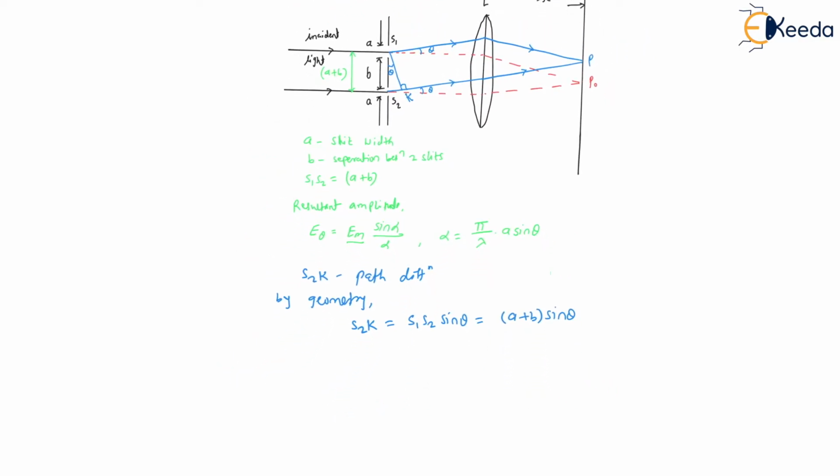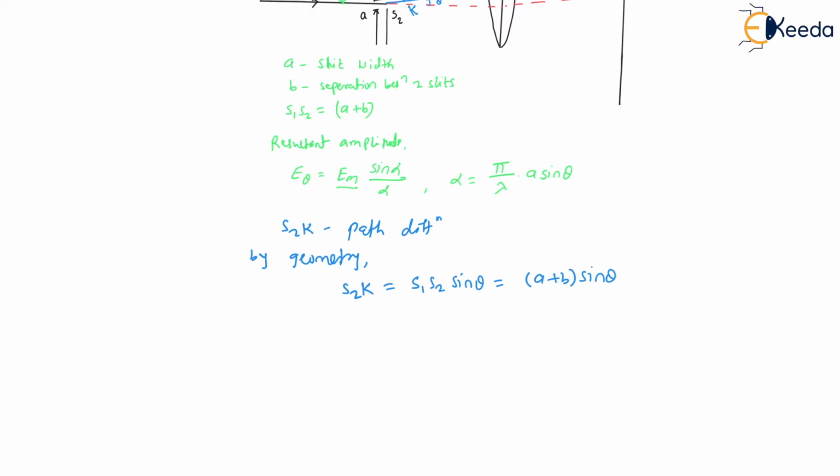Again, from this path difference we can find out the phase difference. So the phase difference will be 2 pi by lambda into this a plus b sine theta. Or I'll write in detail. As we all know, when the phase difference is 2 pi, it belongs to a path difference lambda.